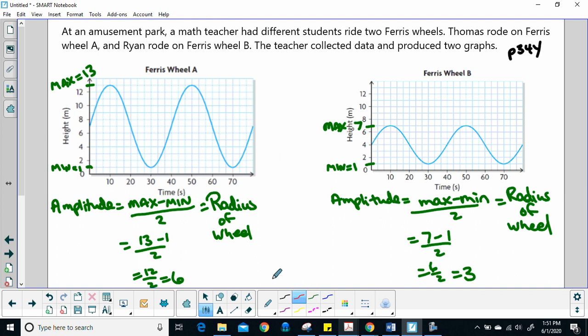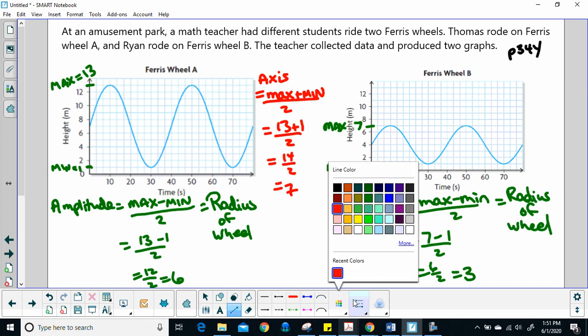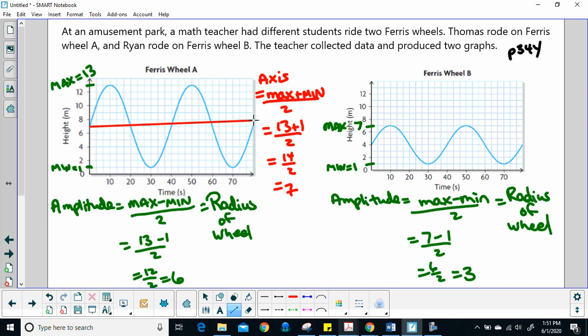So for this one, let's see, our axis is going to be at max plus min divided by 2. So at 13 plus 1 divided by 2, that gives me 14 divided by 2, so that's at 7. So I can draw a line at, oh, it's already red, good, 7. So there's my axis. For my other one, again, let's calculate that one.